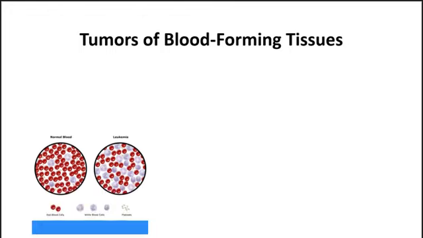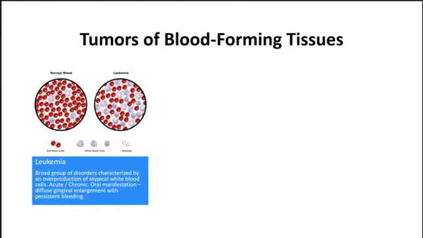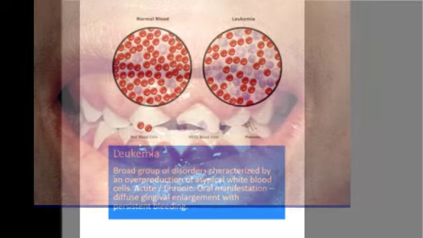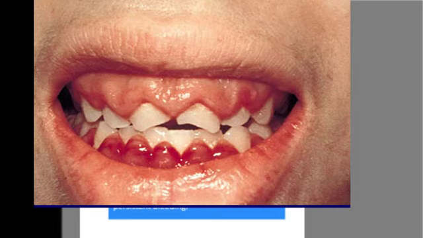And finally, we have tumors of blood-forming tissues. Leukemia refers to a broad group of disorders which are characterized by an overproduction of atypical white blood cells. Leukemia can be acute or chronic. One thing that we might notice in someone undiagnosed is a diffuse gingival enlargement with persistent bleeding.